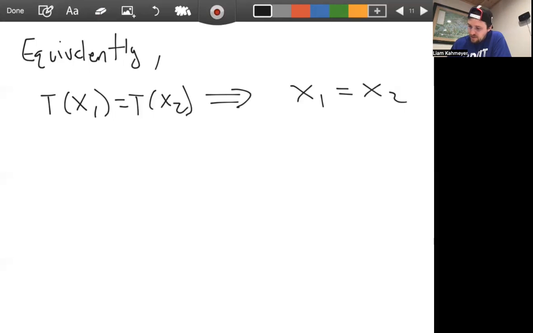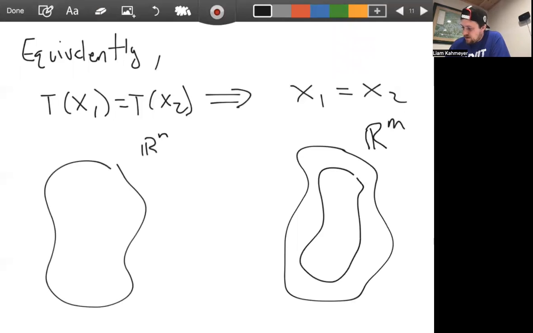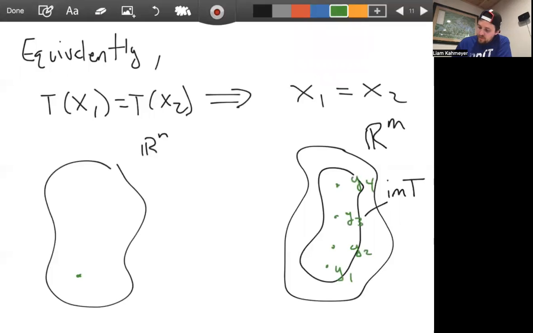So let's look here at my little schematic. We have Rn, we have Rm. Inside of Rm, we have the image of your transformation. And then there are points here, right? Let's say y1, y2, y3, y4.